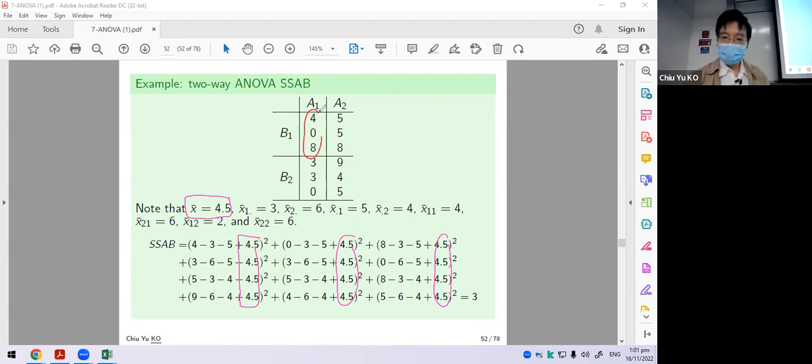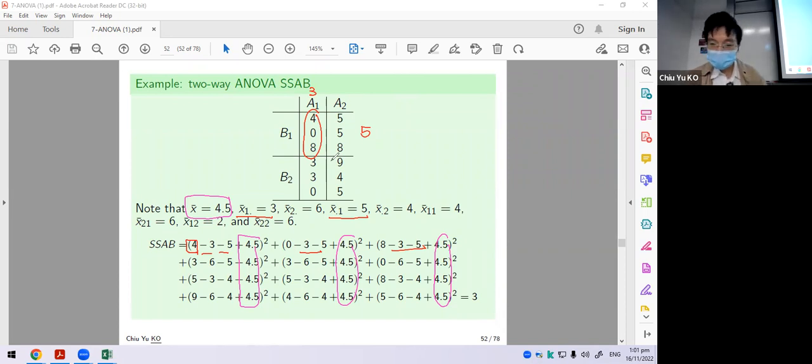This one is 4, and you notice you subtract 3 and 5, because 5 is the column average and 5 is the row average. So that's why you subtract 5. Same for the items in the same red. And the next one, 5, is here. I do 3 here.